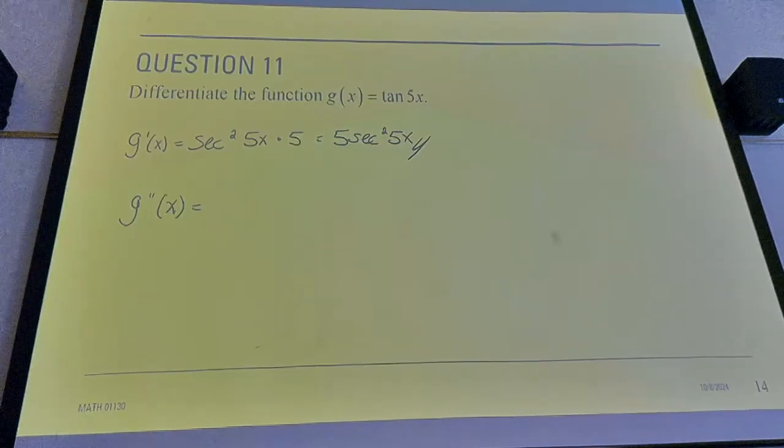Think bigger. Like this, multiplying the secant to the power times 5. It's a scalar multiple. What does that mean? A number times a function. 5 is a scalar.